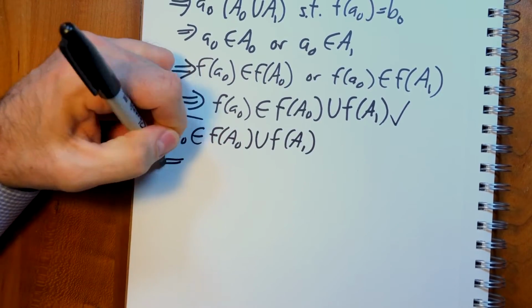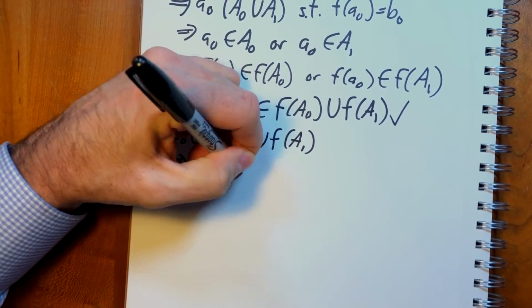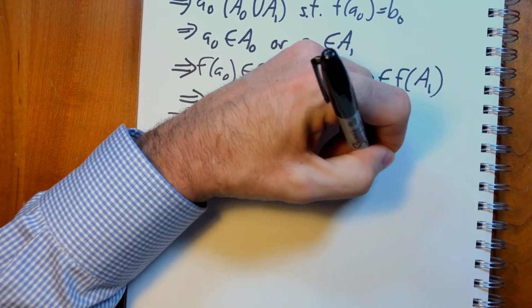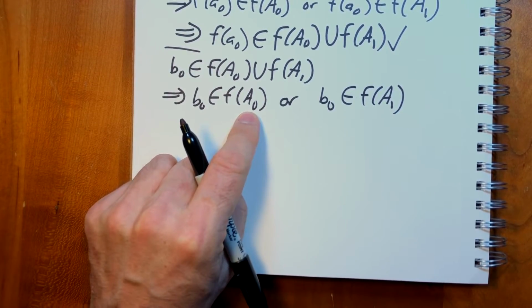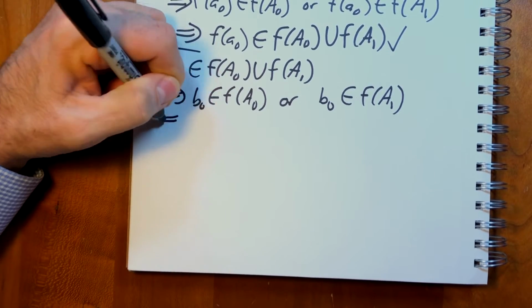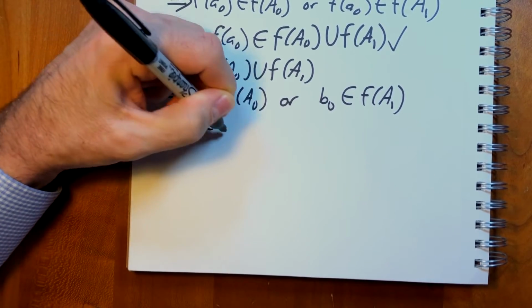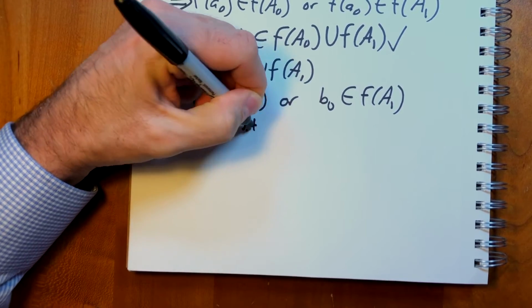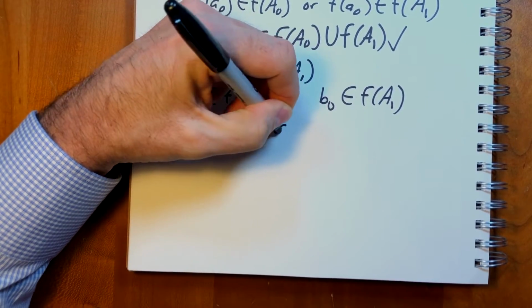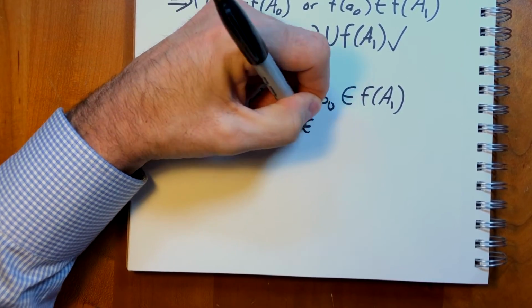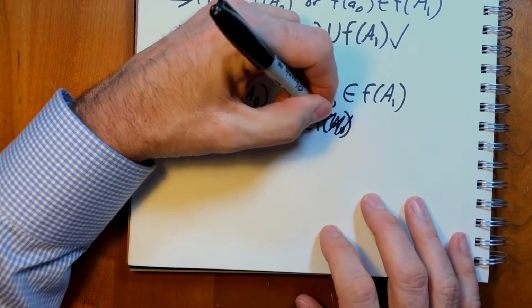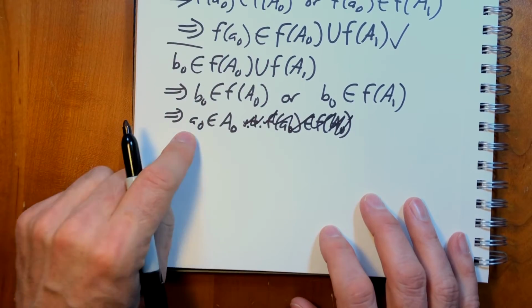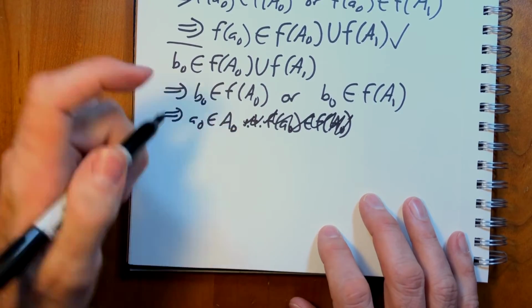So that means that b0 is an element of f of A0, or now, b0 is an element of f of A0 means that there is an a0 element of the subset A0 such that f of a0 equals b0. Oh wait, no, I said that wrong.